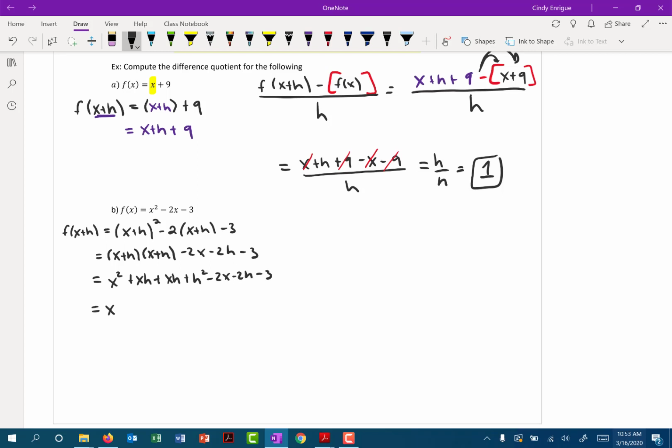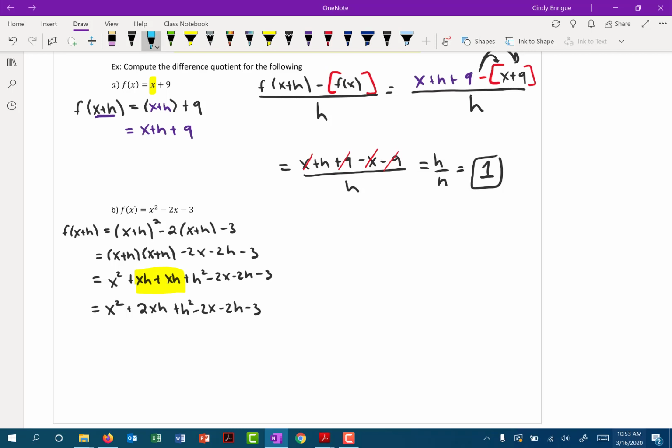And to make it a little bit easier, I can actually go ahead and add those two values together. Xh plus xh tells me that there's 2xh plus h squared minus 2x minus 2h minus 3.